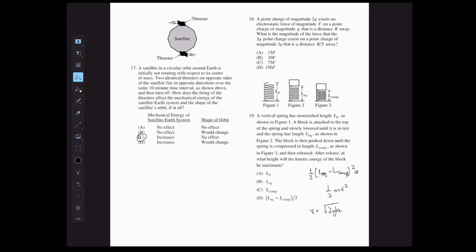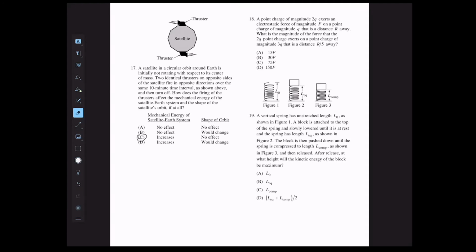So mgh is equal to 1/2 kx squared over 2mg. Oh, okay. Sorry, I did this all wrong.